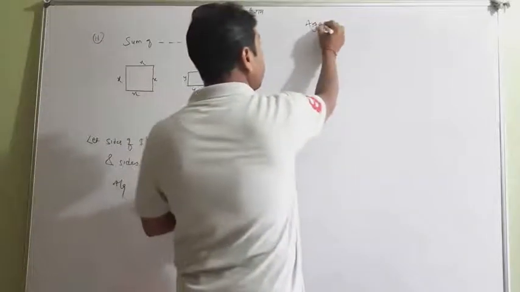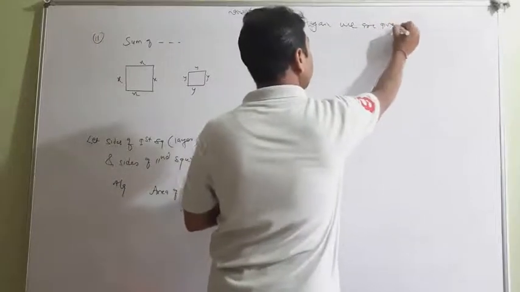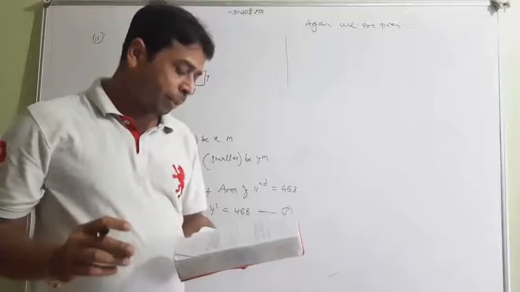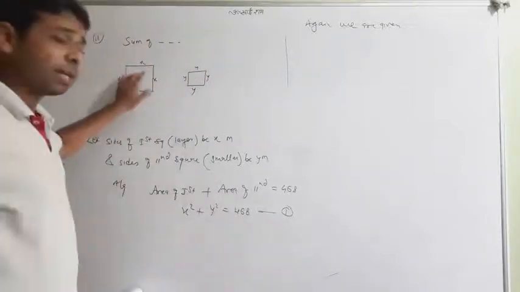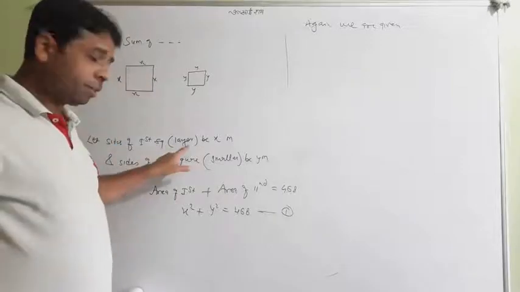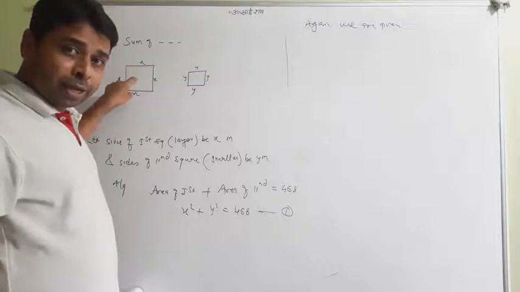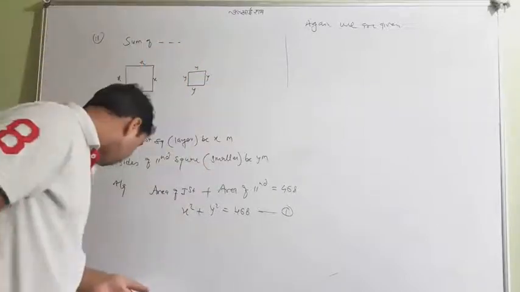Again, what are we given? Read here in the book. If the difference of their perimeters is 24 meter, definitely I consider the big one minus the small one. The perimeter of the big and the perimeter of the small, the difference between the perimeters is equal to 24.